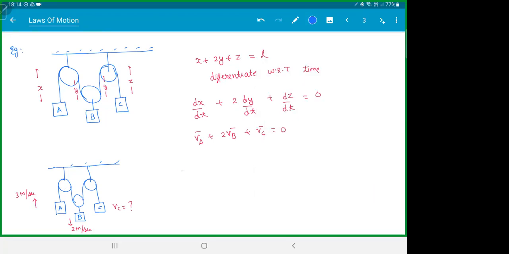A is going up, so VA plus 2 VB plus VC is 0. A is going up, so this is plus 3. B is going down, so minus 2. And this is VC is 0. That would be VC is equal to 1. Plus indicates C is going upward.